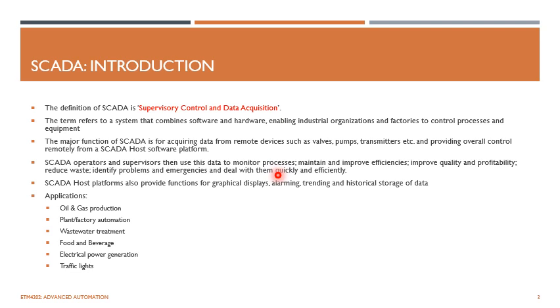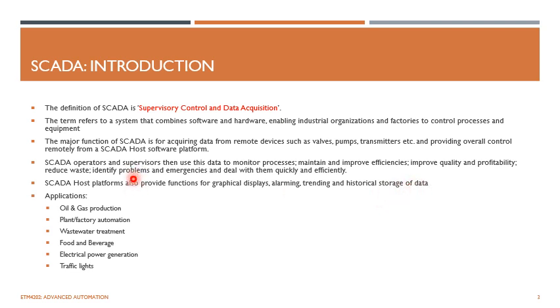By looking at this data, they can maintain and improve efficiency, quality, and the profitability of the product, and they can identify problems and emergencies. SCADA produces alarms, so they can visualize what sort of alarms are coming. The SCADA host platform also provides functions for graphical displays, alarming, trending, and sometimes you can record the data over a period of time.